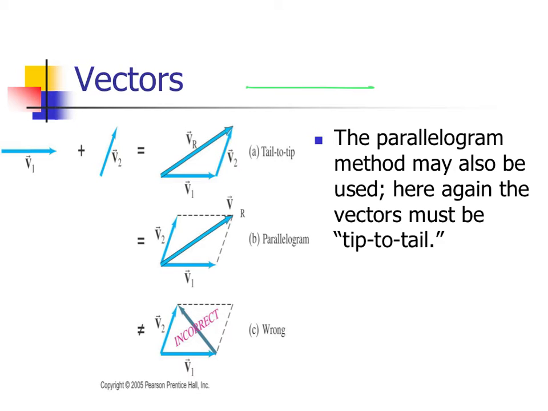Now, how does this all come together? If we are talking about it as more of a velocity, the car went V1 this fast due east, then the road turned and continued at the same speed, but was at 80 degrees north of east. That's where our V2 comes in. And that makes the tail to tip easy because it's in sequential order.